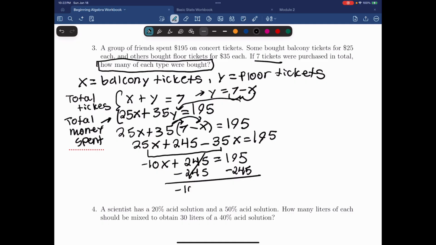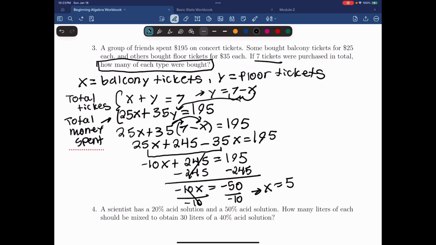We get negative 10x equals 195 minus 245, which is negative 50. And then to solve for x, I'm going to divide negative 10 on both sides. So we get x equals negative 50 divided by negative 10 is 5.